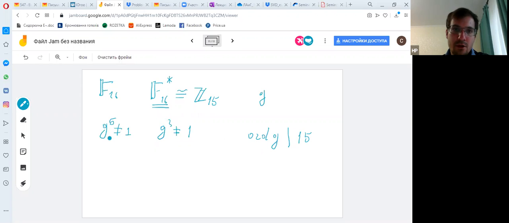If G in power 5 is not equal to 1 and G in power 3 is not equal to 1, then the order of G is not equal to 5, not equal to 3, and not equal to 1, because if it were equal to 1, then G in the 5th would equal 1. Then, of course, G has order 15.